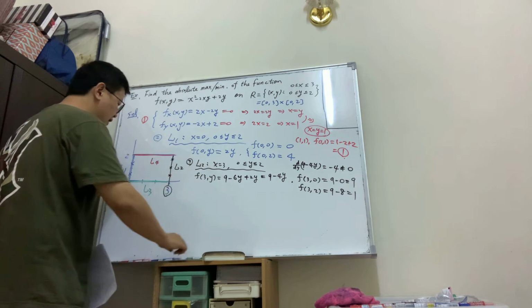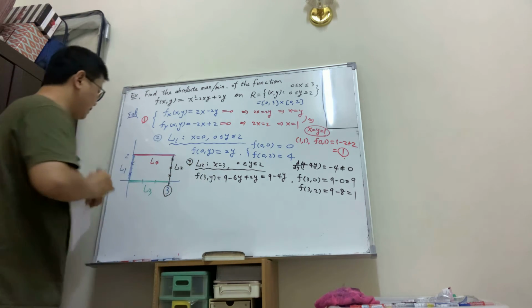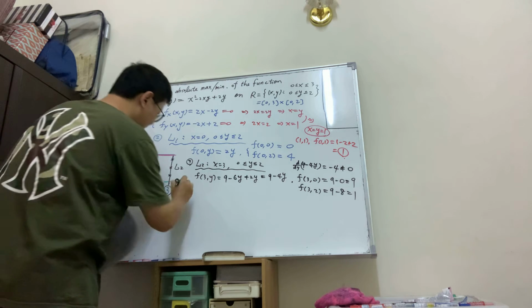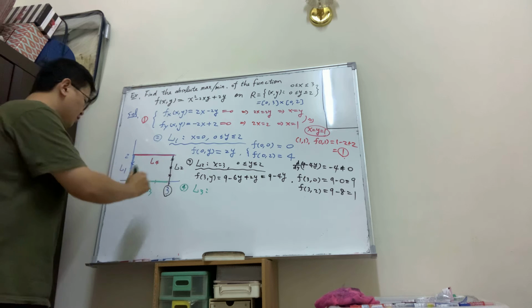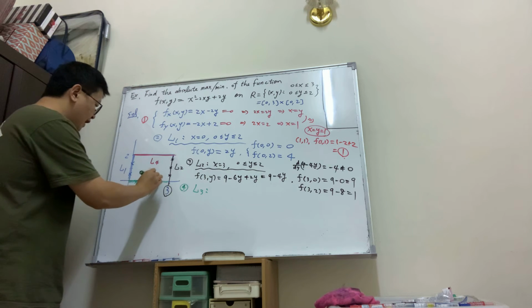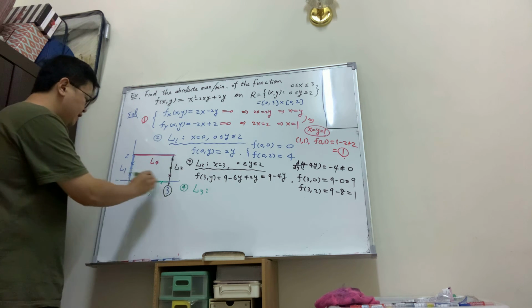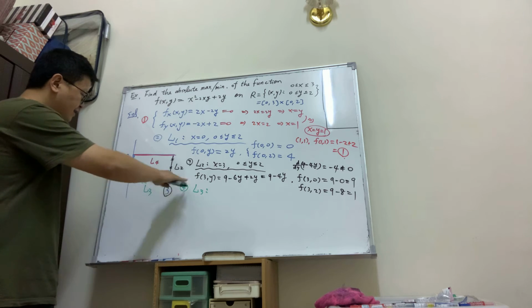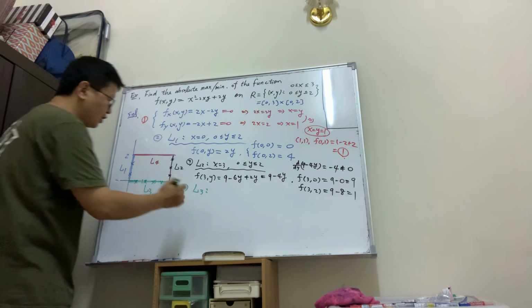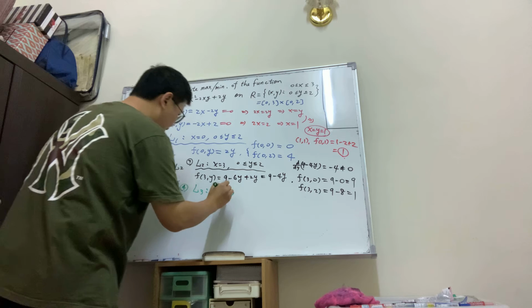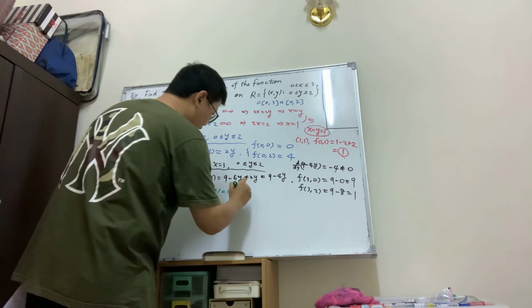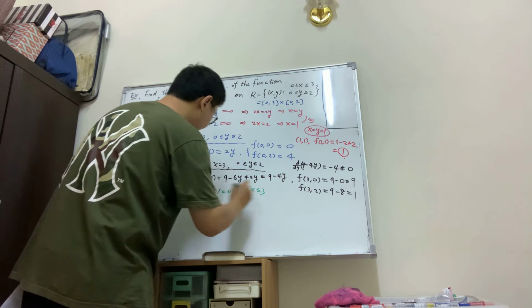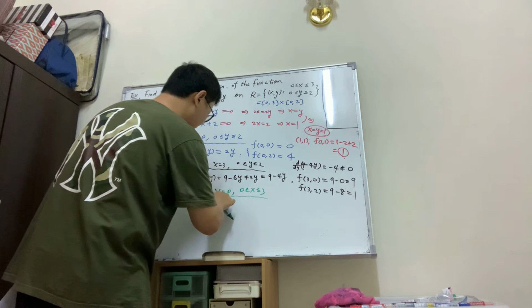That is the case on L2. Now let's see the case on L3. On L3, all the points have y coordinate 0, since it's on the x-axis. So y equals 0, and x is between 0 and 3.